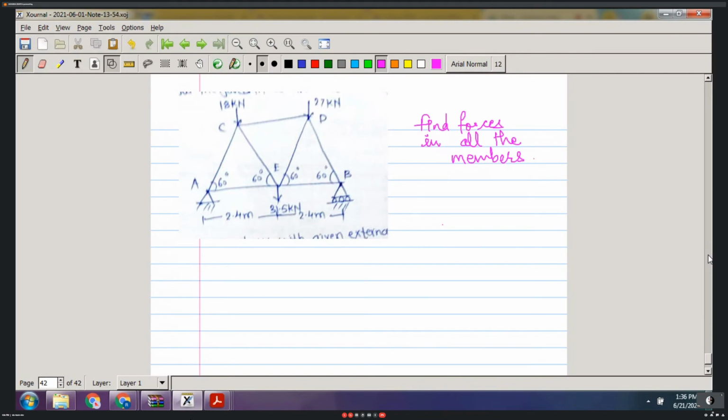Has everyone drawn the figure? Yes. One minute, ma'am. Okay. All the angles are 60 degrees.